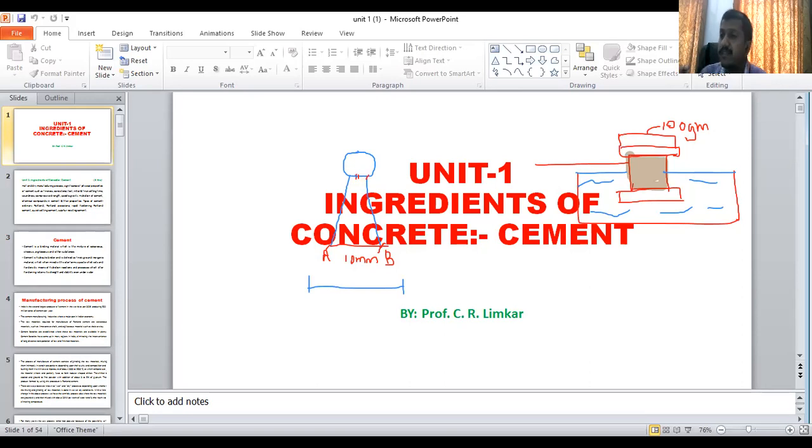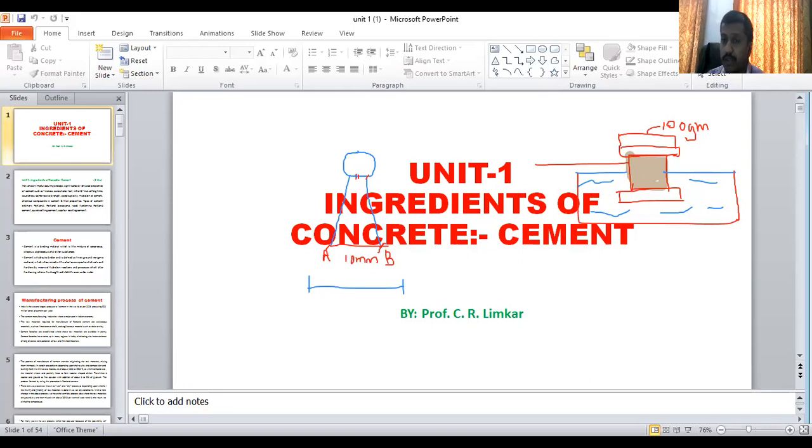If there is any presence of excess lime in the given cement, then definitely the distance is going to change. Initially it was 10 mm. After putting the Le Chatelier mold in boiling water for 2 to 3 hours, we again measure the distance between the two indicators.